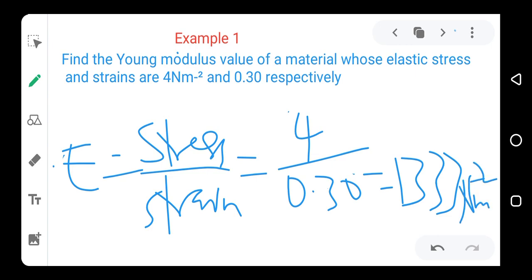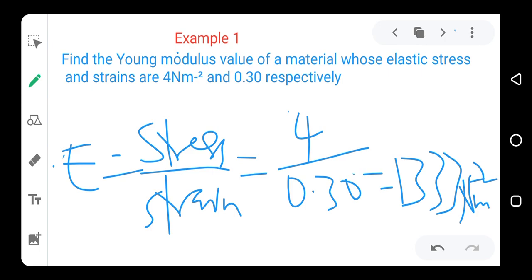Note that the unit of stress is the same as the unit of Young modulus because the strain does not have any unit at all, so it takes just the unit of the stress, which is the numerator. There's nothing dividing it. So that is why the unit of Young modulus is also Newton per meter squared.